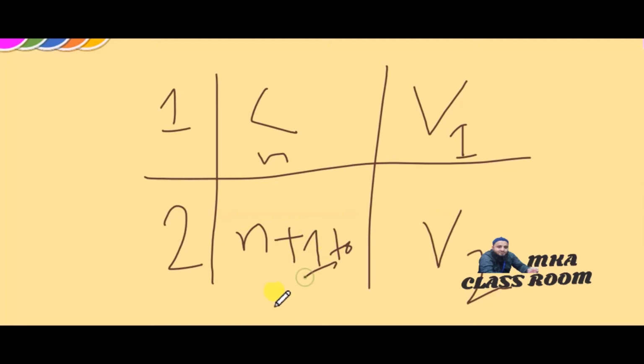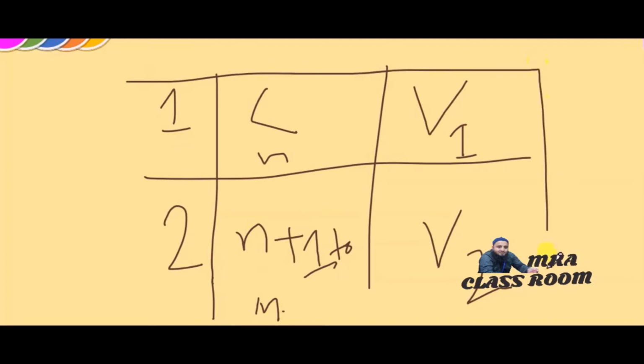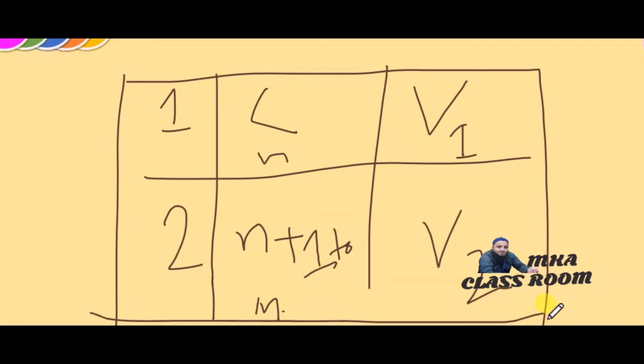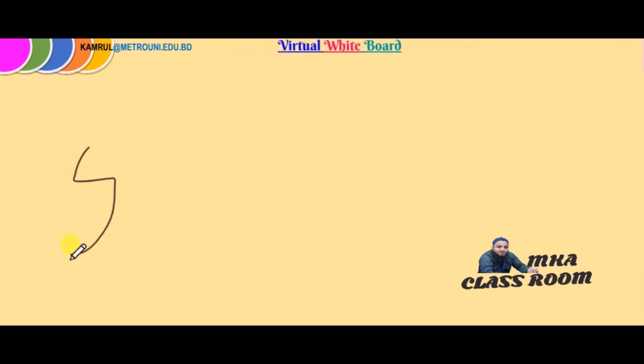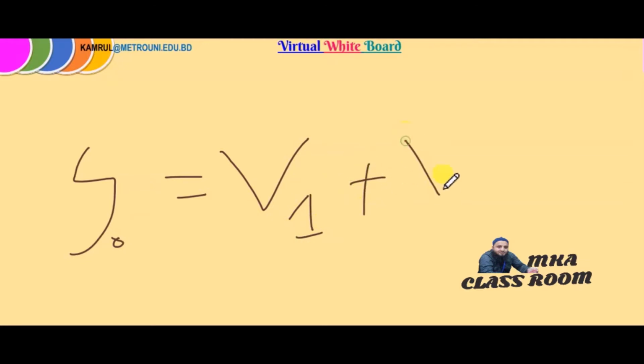So this is our two-stage growth model, and our valuation is equal to valuation 1 plus valuation 2.